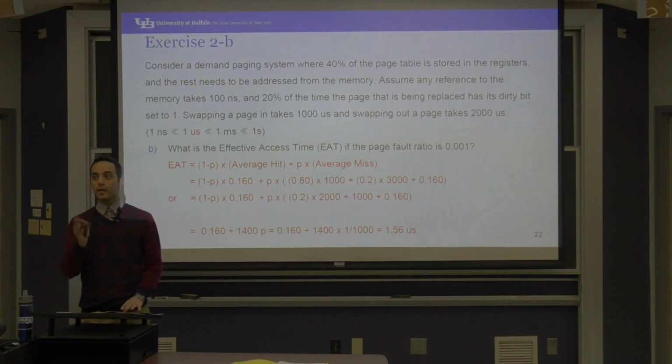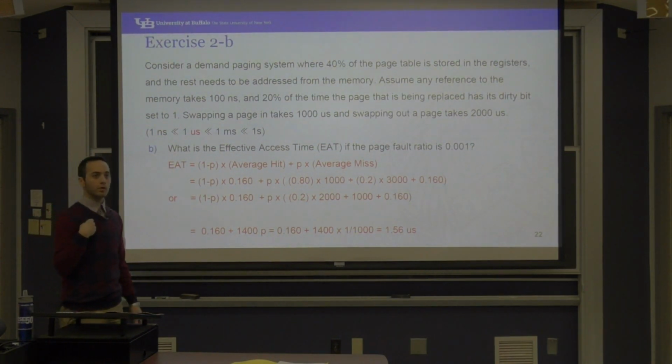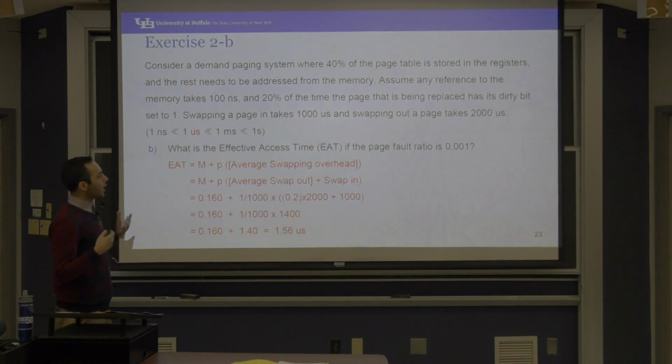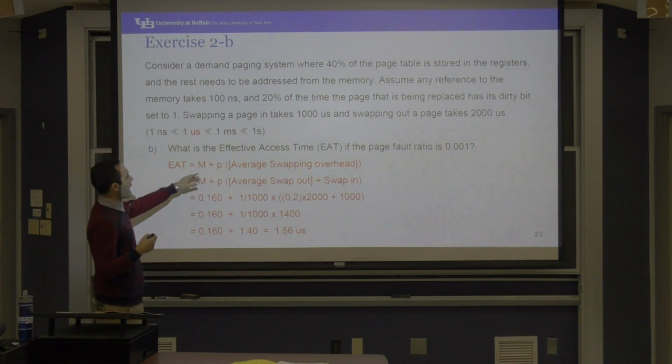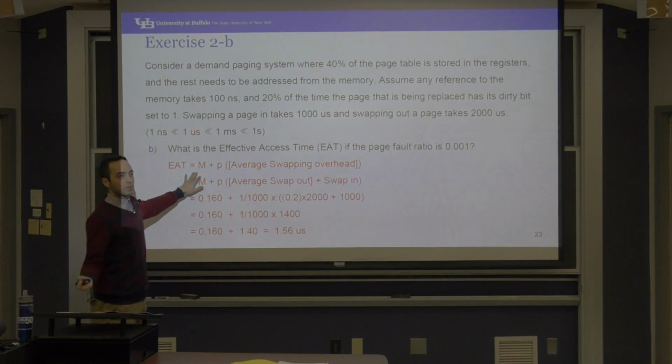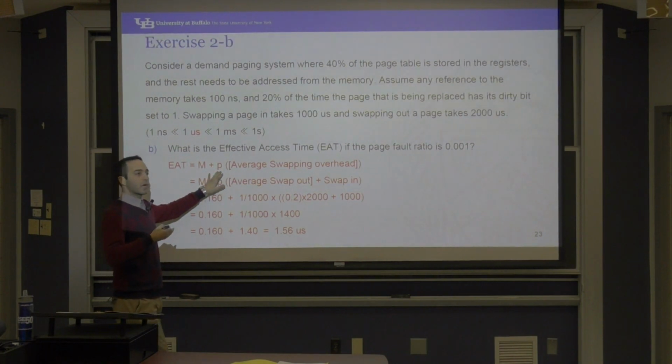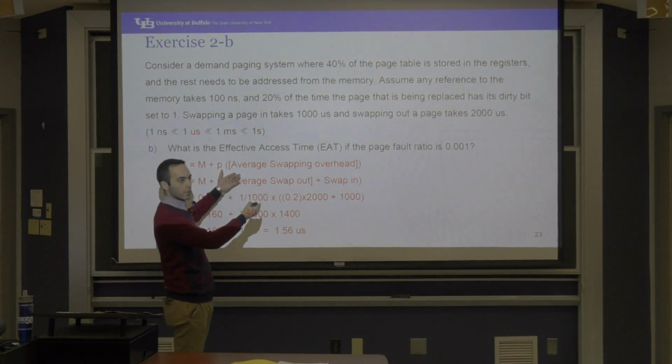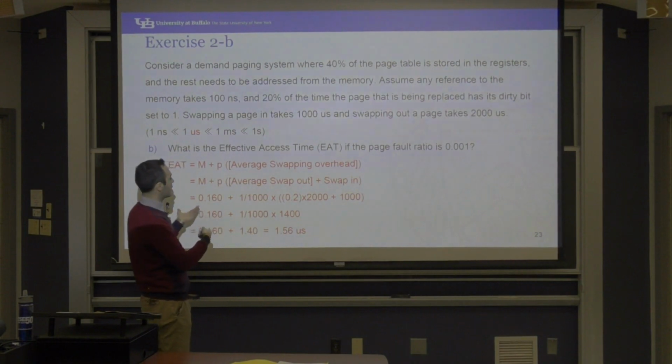Okay. The second approach, which is my preference, is easier; I'm more comfortable with it. I say that I have to access memory anyway, whether it is a page fault or not. But if it is a page fault, I need to do some extra work. That's just overhead, so I calculated it this way.